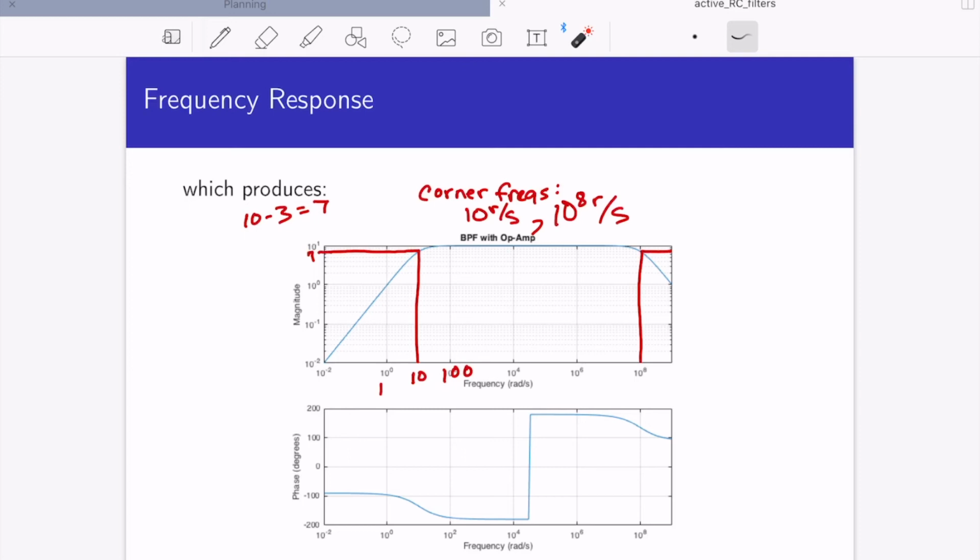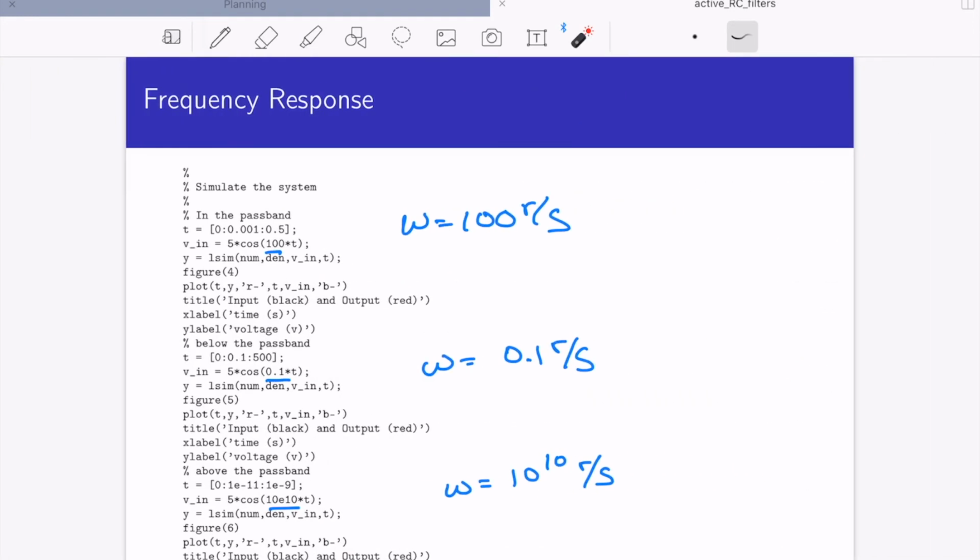Now we want to look at a frequency that's not in the pass band, and I think the one I chose was 0.1, which is right about here. Sure enough, it's pretty attenuated. It maybe doesn't look like a lot, but it's around 10 to the -1 times, so that's significantly attenuated.